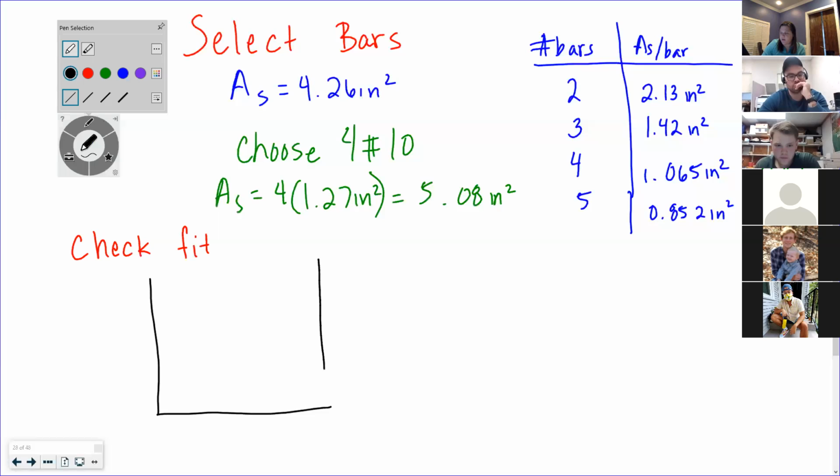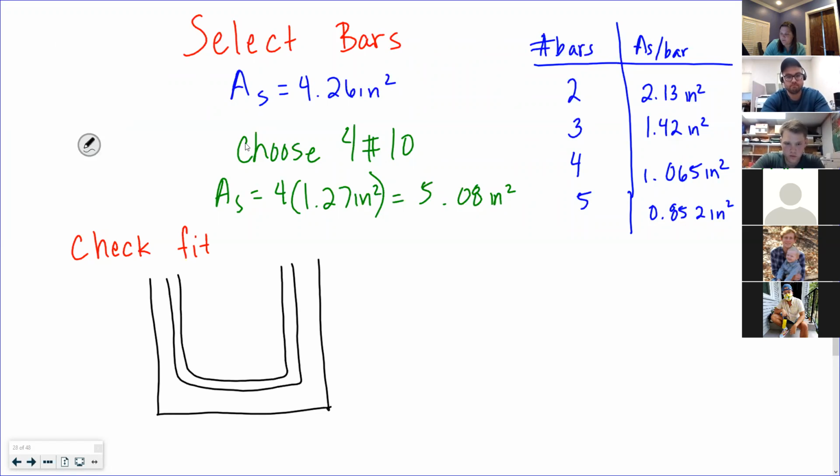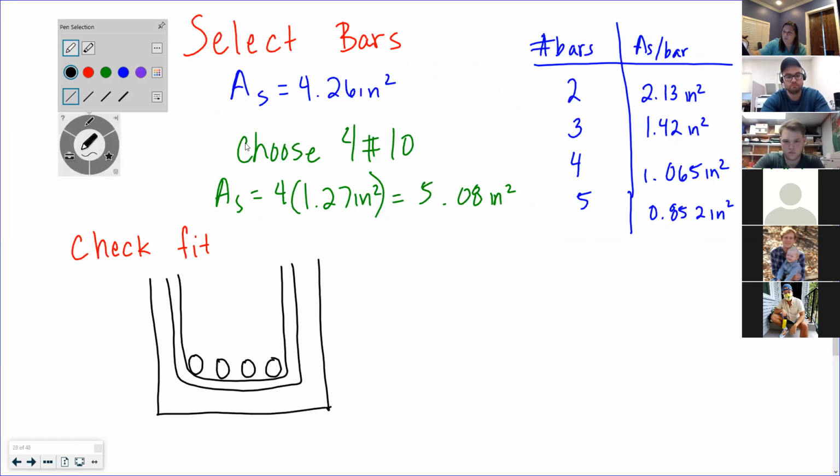I seriously draw this every time. We have our cover. The diameter of the stirrups is number 4, so half an inch.